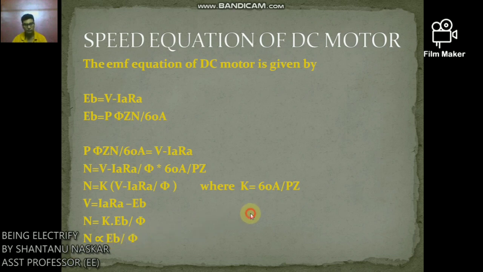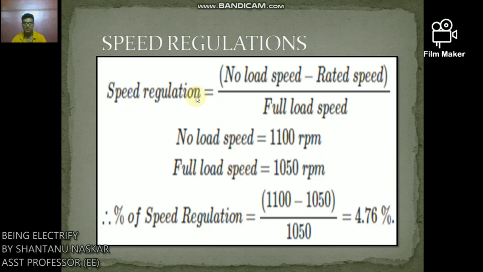Okay, so next, speed regulation. The speed regulation of a motor is the change in speed from full load to no load, and is expressed as a percentage of the speed at full load. Now we can write speed regulation equals no load speed minus full load speed, by full load speed.